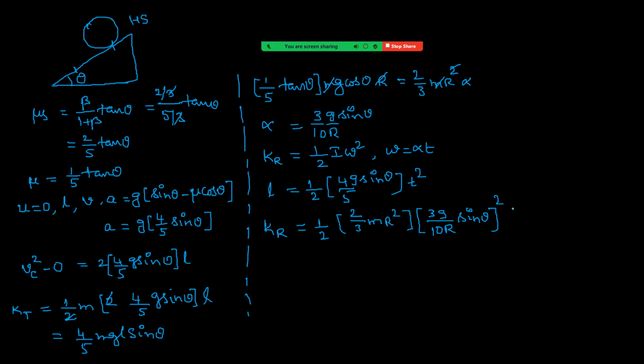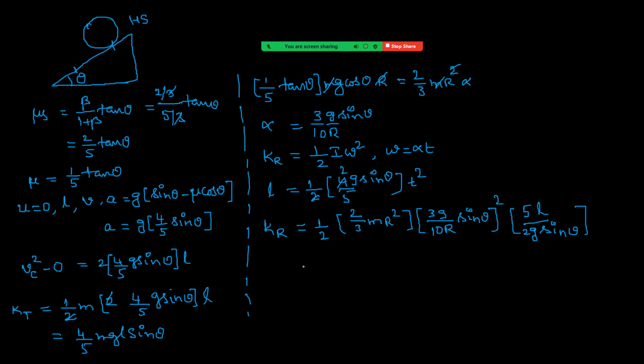In place of t square, see what we can write from here. t square is 2 times L upon 4g sine theta by 5, so 5L upon 2g sine theta.